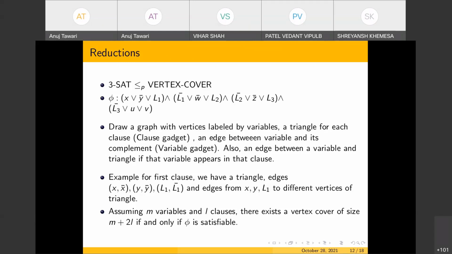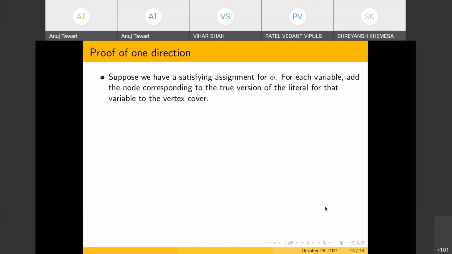Okay, so let's see. From a satisfying assignment, we want to give a vertex cover of this size. So suppose we have a satisfying assignment for phi, and for each variable we add the node corresponding to the true version of the literal for that variable to the vertex cover.